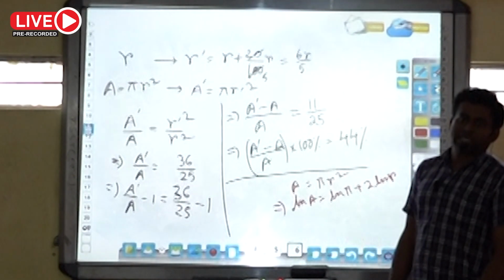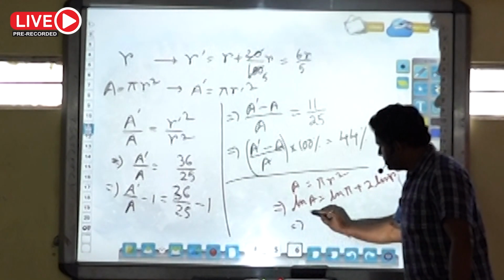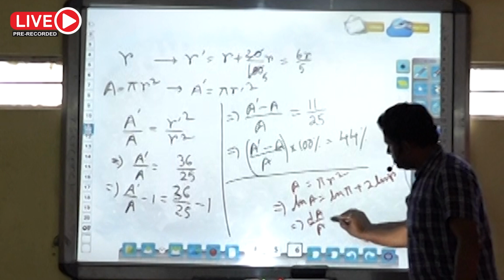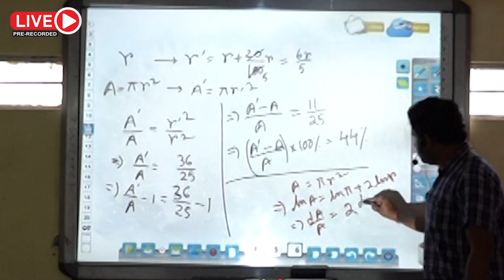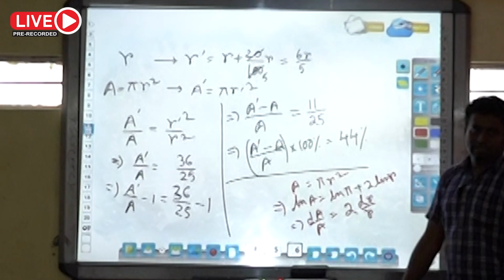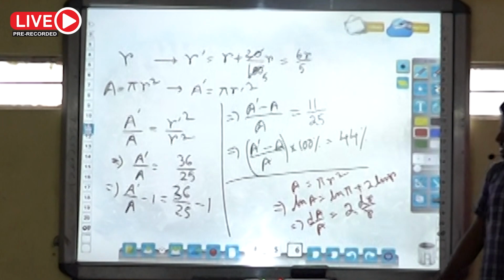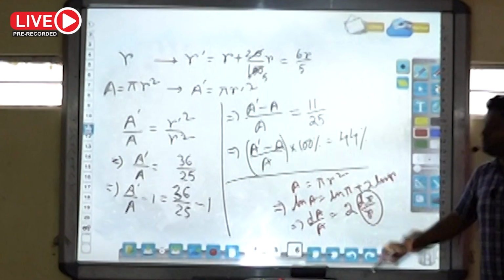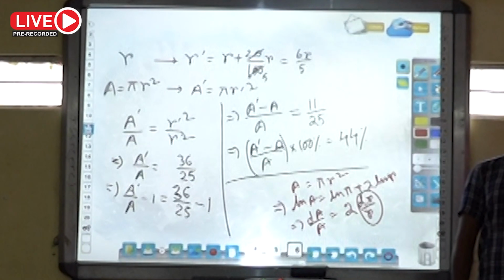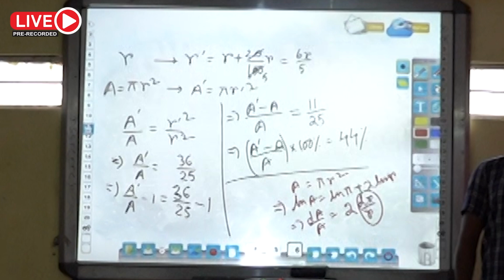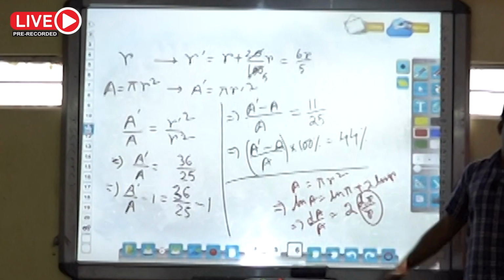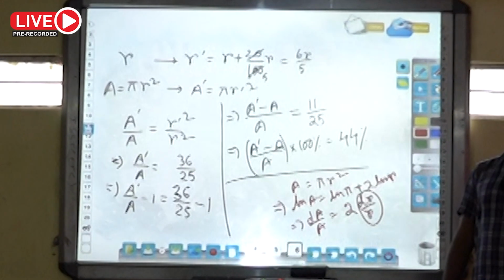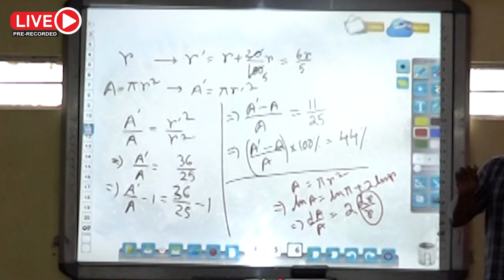Then differentiate both sides, and you will get dA by A. Log pi is a constant, so its derivative vanishes. So the derivative of 2 log r will be 2 dr by r. If it is given that 2% is the error, then dr by r is itself 2%. So 2 into 2, area measurement error will be 4%. You can see that area depends on r square, so if there is 2% error in radius measurement, then in area measurement 2 times the error will occur.